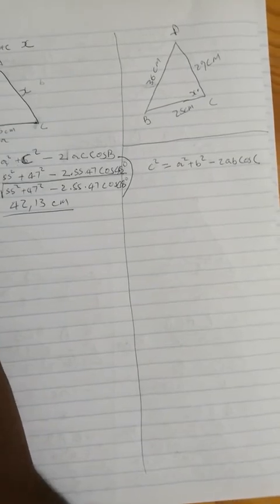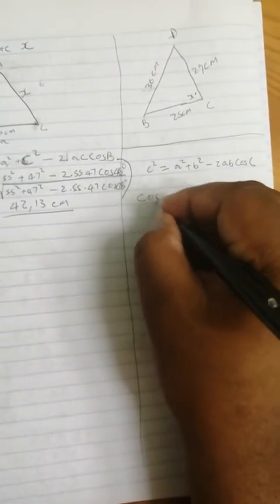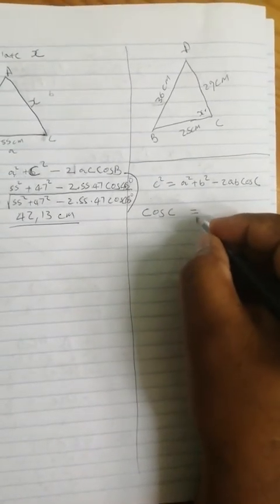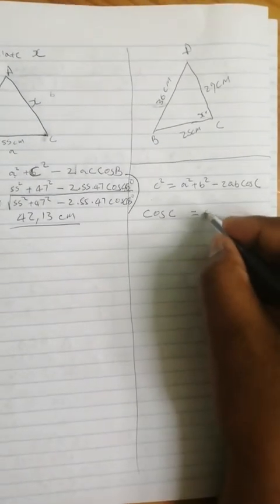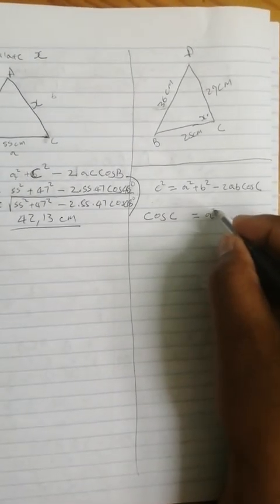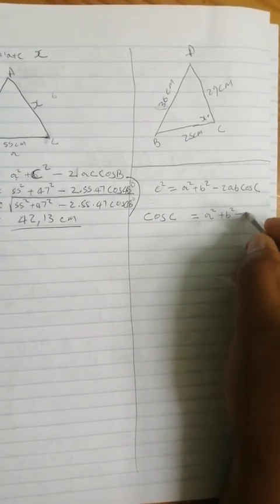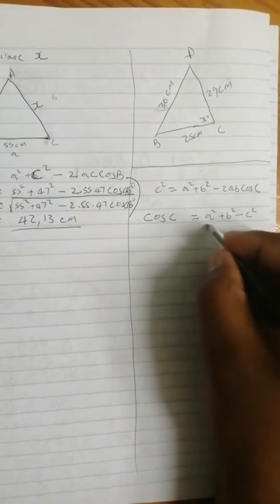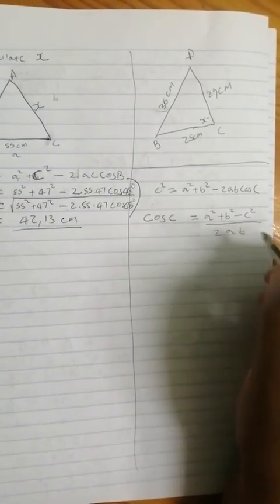Now, if you are looking for an angle here, if you manipulate here, you will realize that you will have at the end cos c equals a squared plus b squared minus c squared all over 2ab.